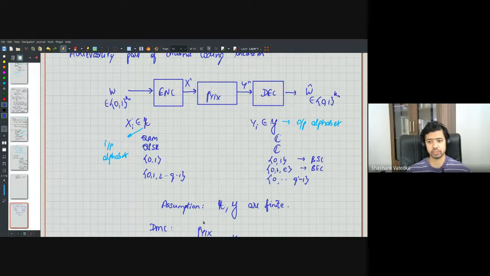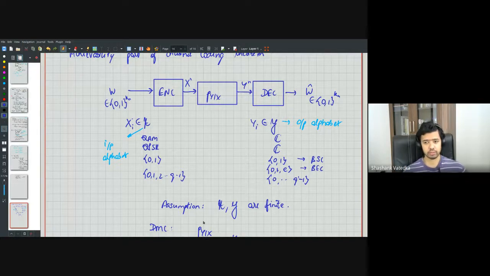All right, so the goal is to design these encoders and decoders, which are going to be functions. The encoder is a one-to-one function, which maps. Sorry, it could also be a many-to-one function. It's any arbitrary function which takes a particular w and outputs a code word of length n. Generally these will be one-to-one, but we don't enforce it.